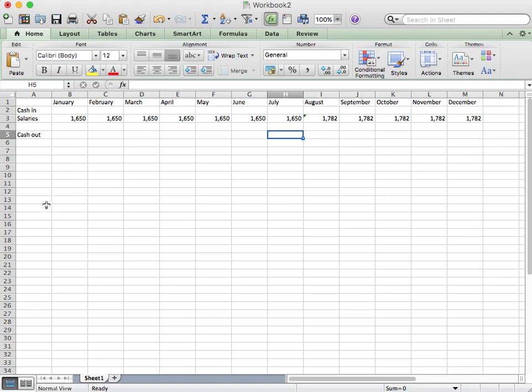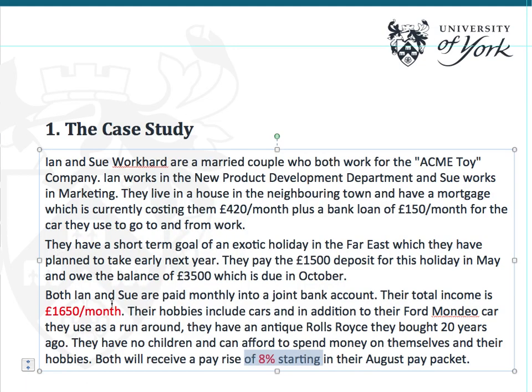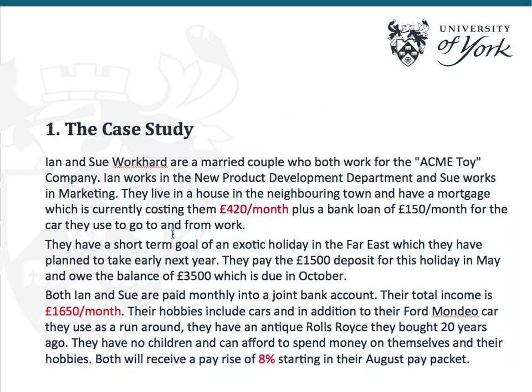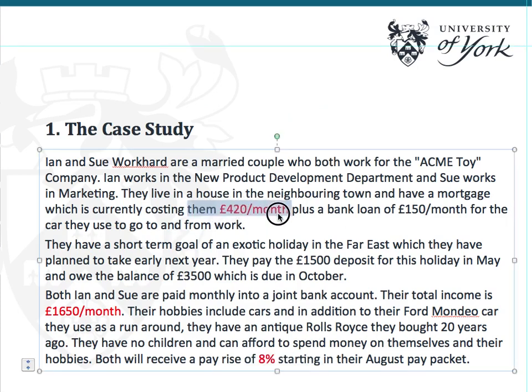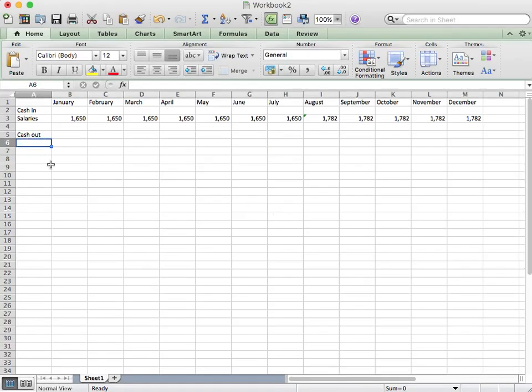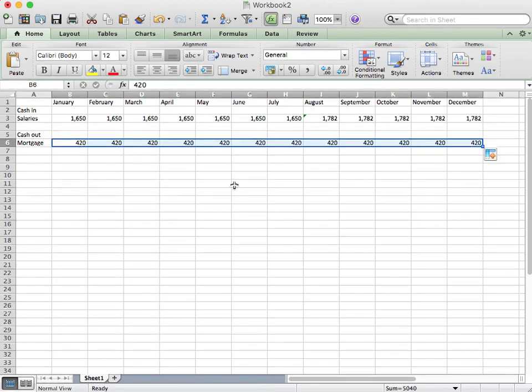Let's start taking a look at cash out now. So let's go back to the case. And we have, as the next item, we've got the mortgage payments, which are £420 per month. So first line of cash output, mortgage, and this is £420 per month, and it doesn't change, so I can just copy that across there.